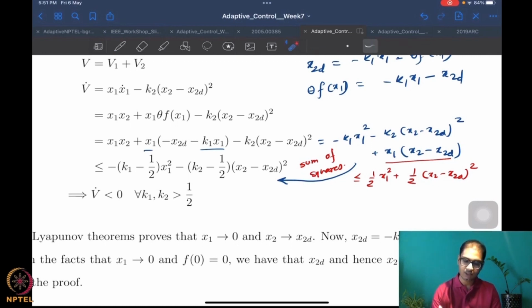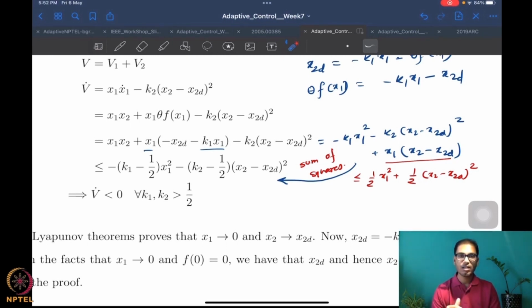Once I use this inequality, which is the sum of squares process, why is it called that? Because we are writing these mixed terms, a b type terms, in terms of squares, a squared and b squared. Once you combine these, you get exactly this expression, which is again very similar to what you had even in the matched case. So with this backstepping type procedure, you are getting a rather similar V dot as the matched case also.